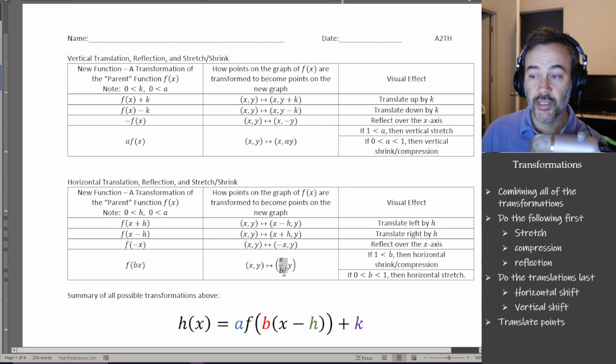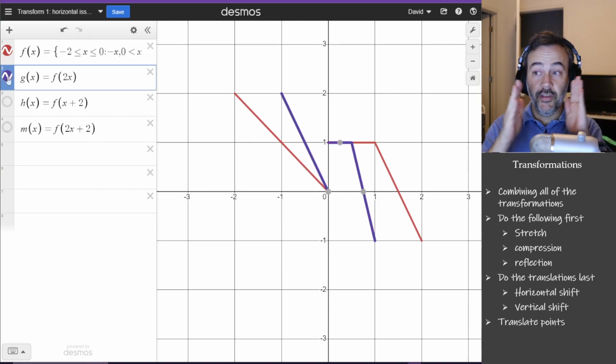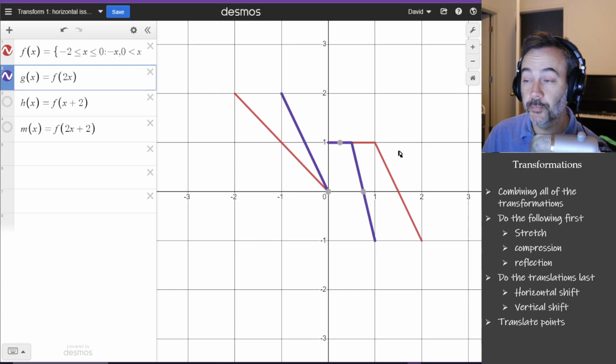We're going to divide all the x coordinates by 2, which has the effect of squishing the graph in. What used to be (1, 1) up here became (1/2, 1). The x coordinate got multiplied by 1/2, or divided by 2.